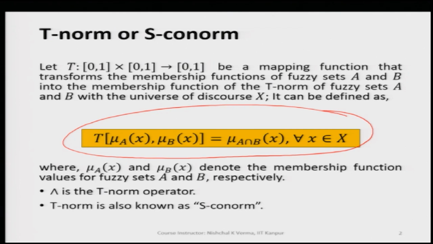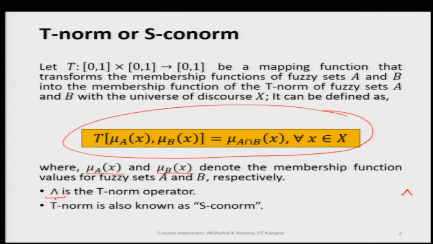And it is very clear here that mu A x and mu B x, as I already mentioned, denote the membership function values for fuzzy sets A and B respectively. Please also understand that the T norm can be represented by a triangle sign, an open triangle like this here.